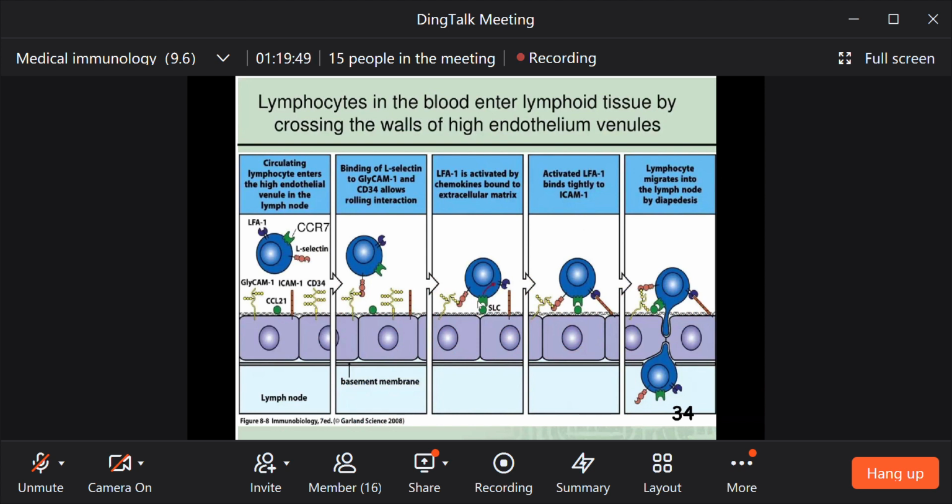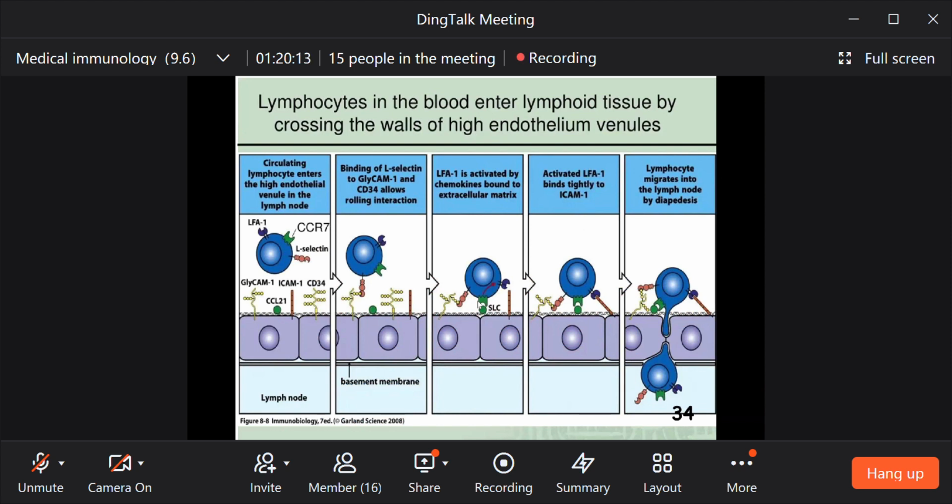Circulating lymphocytes enter the high endothelial venules in the lymph nodes. Binding of L-selectin to GlyCAM-1 and CD34 allows the rolling interaction.